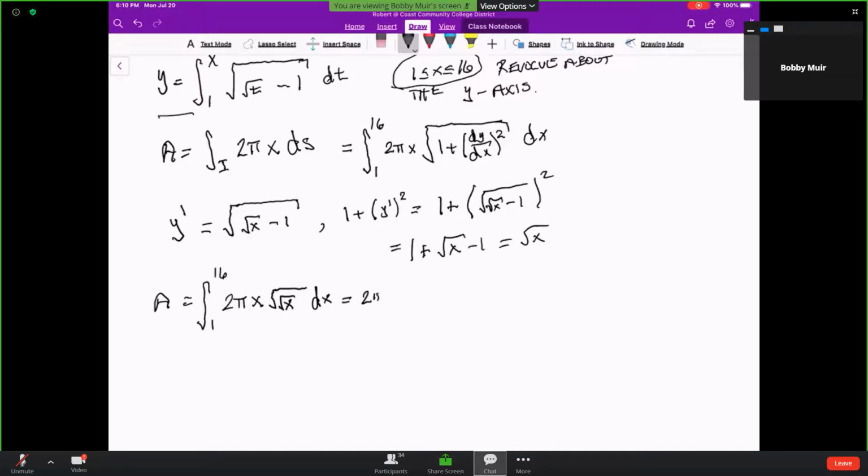So that's going to be 2 pi, integral from 1 to 16, x times x to the 1/4 power, the square root of the square root of x, dx. So that's going to be 2 pi integral 1 to 16 of x to the 5/4 dx.